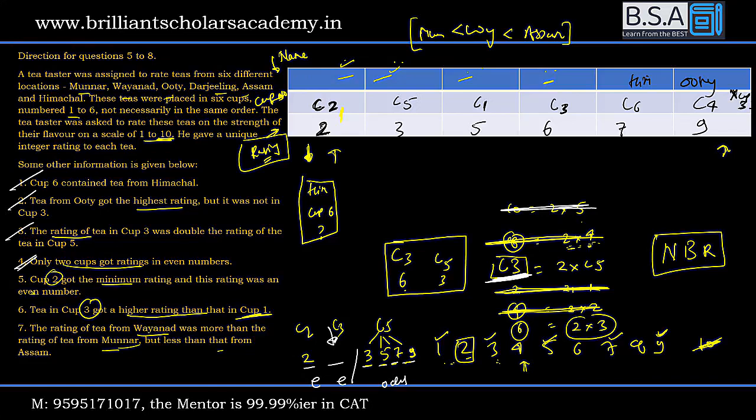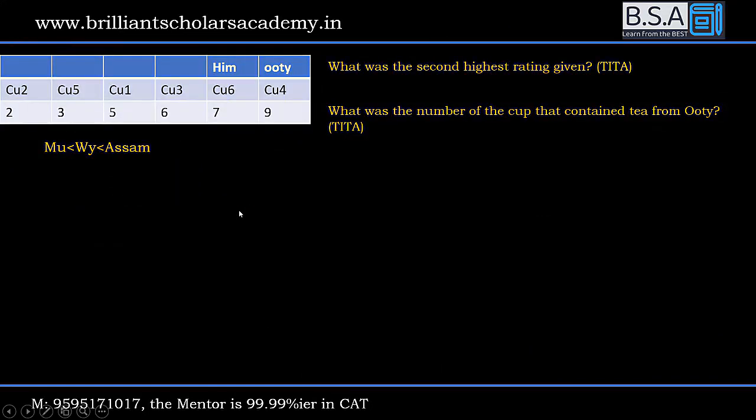Good. So this is the matching that we have got so far. These 3 we cannot arrange. These 2 are complete. Himachal, cup number 6, rating 7. Ooty, cup number 4, rating 9. These are confirmed. Others we can move around.